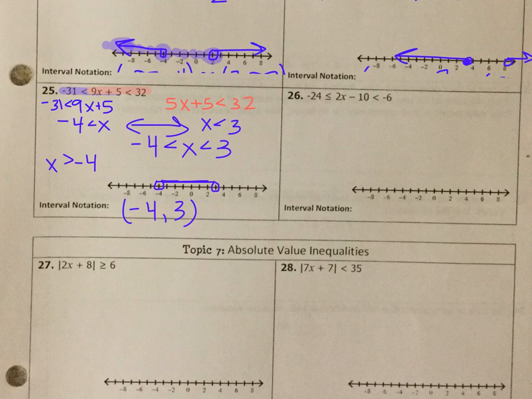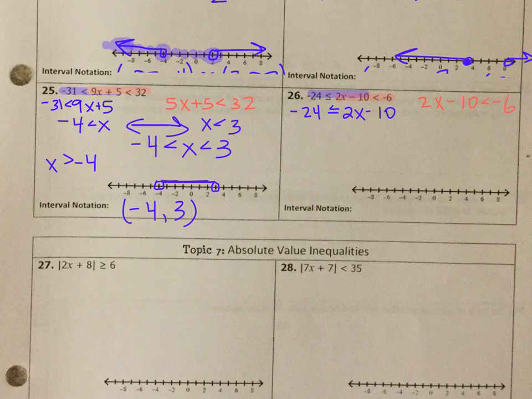All right, same thing, we got to split this guy into 2 problems. The first one is negative 24 less than or equal to 2x minus 10. The second problem, they share that middle. It's the 2x minus 10 is less than negative 6.